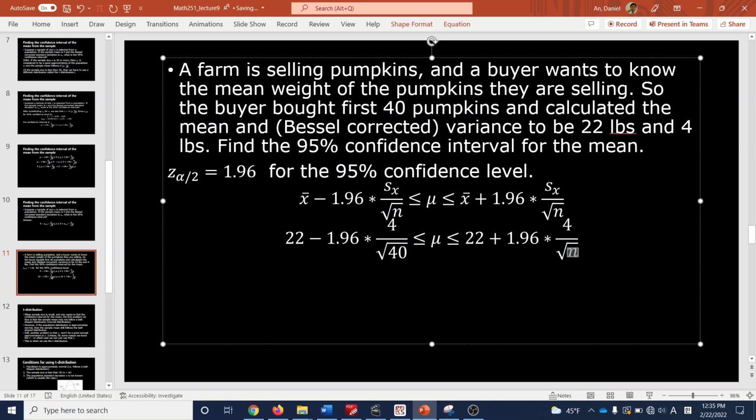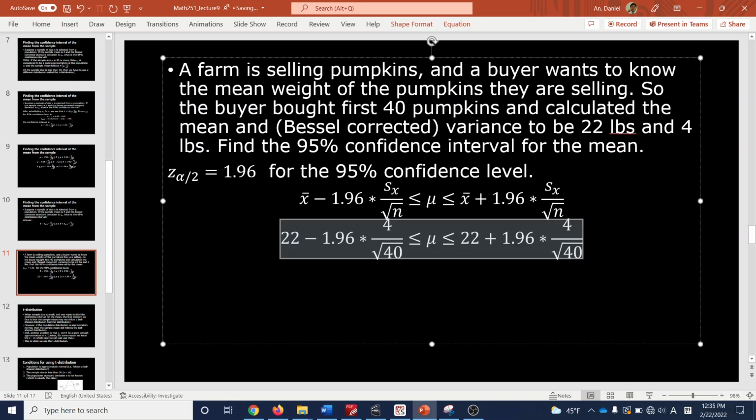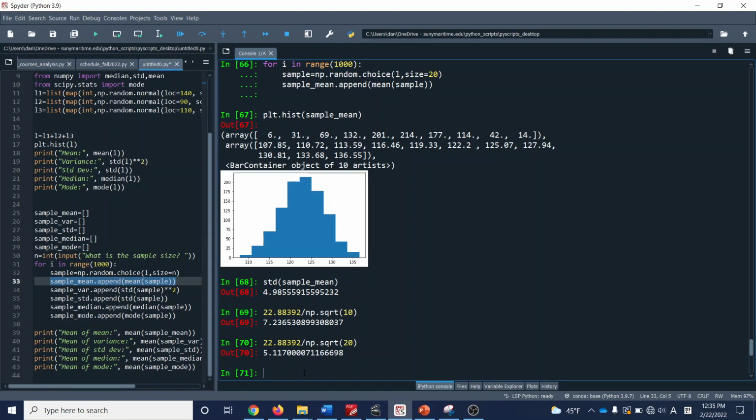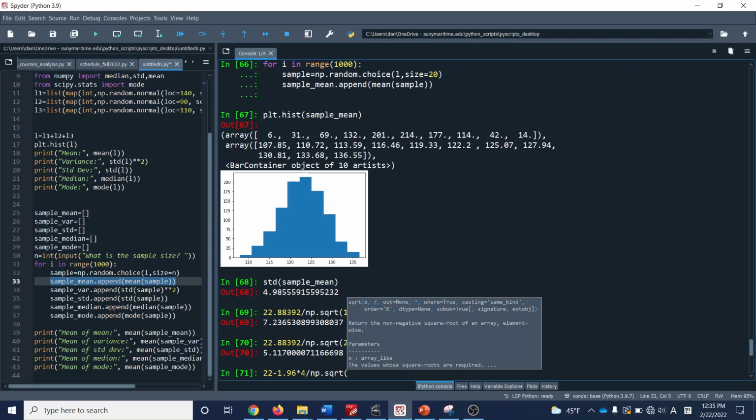And we can calculate this. Now, you can use your calculator, but I don't have my calculator open, so let me just use this one. So it's 22 minus 1.96 times 4 divided by the square root of 40.